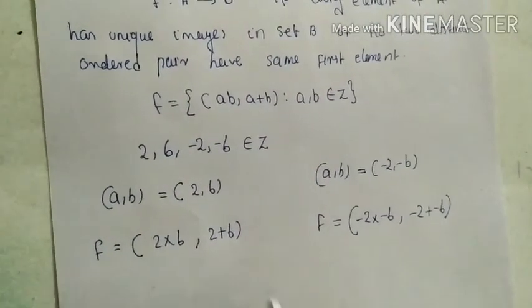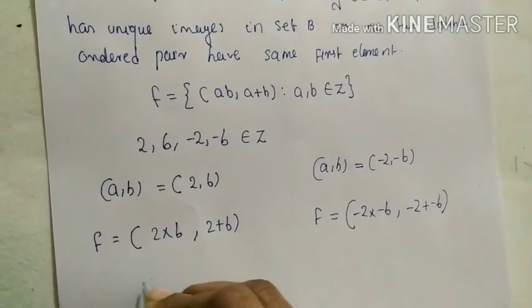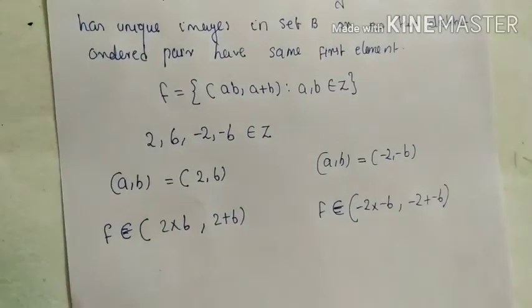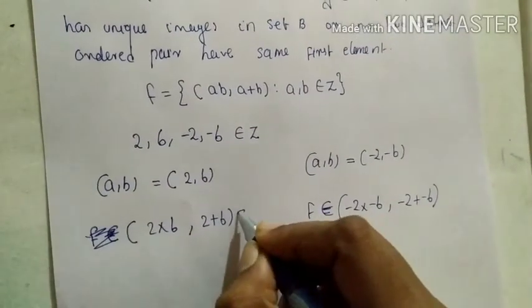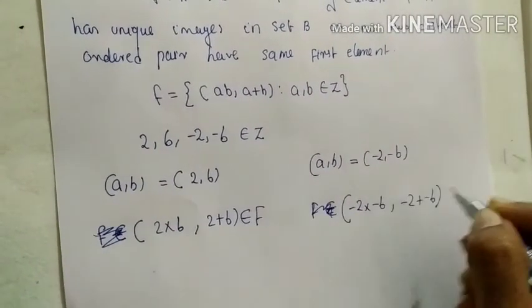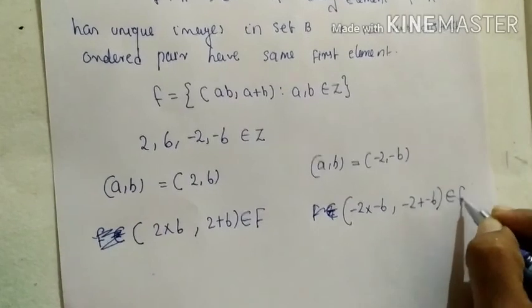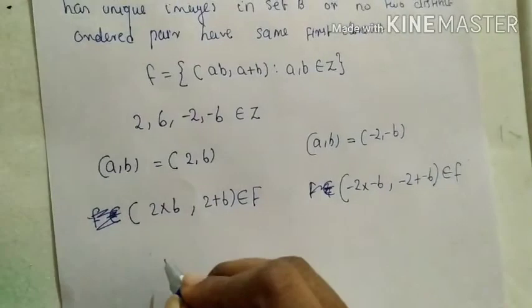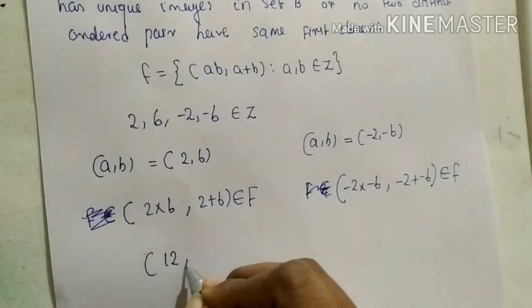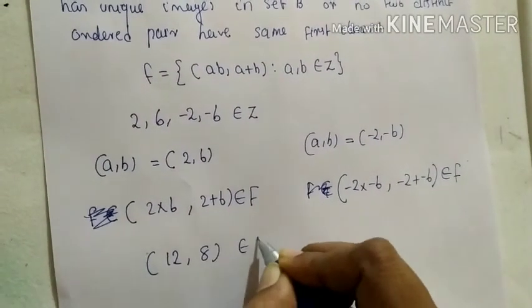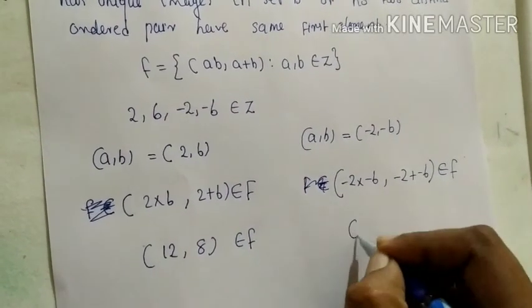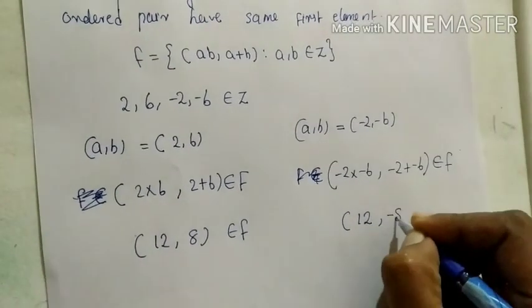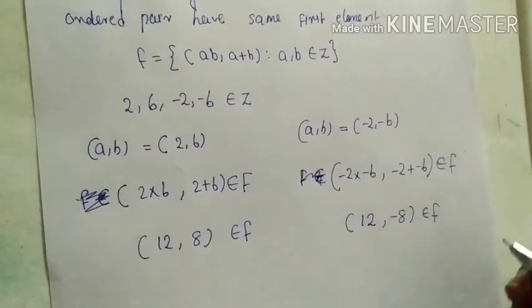Okay, so here we get (12, 8) is an element of f, and here also minus 2 into minus 6 is 12, so (12, minus 8) is an element of f.